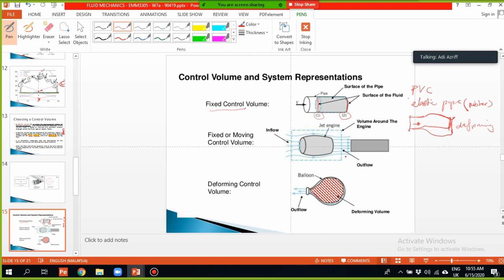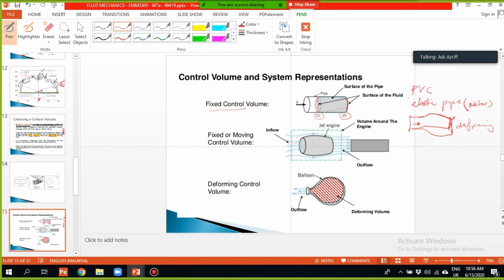This is your outflow, which means the flow is not staying inside but moving through and outside. So we call it a fixed and moving control volume. Flow in a pipe is a fixed control volume, because the control volume is inside the pipe. This one is outside the pipe, so it is more of a moving control volume.